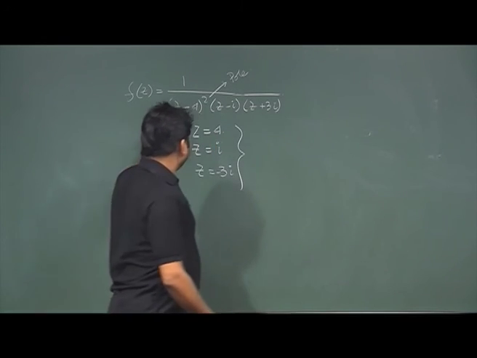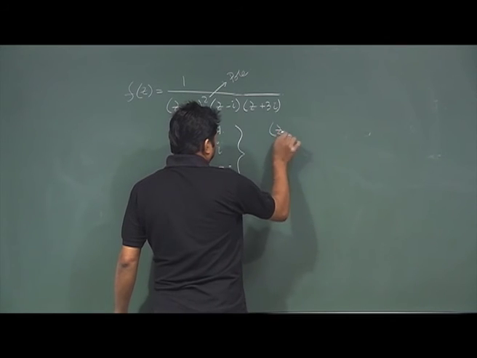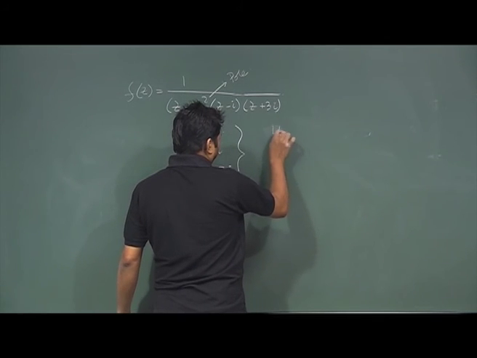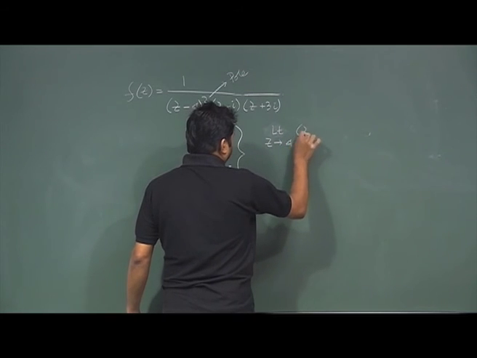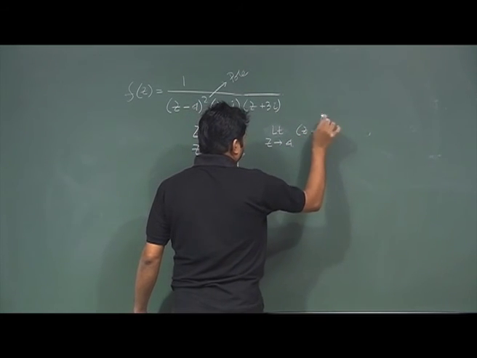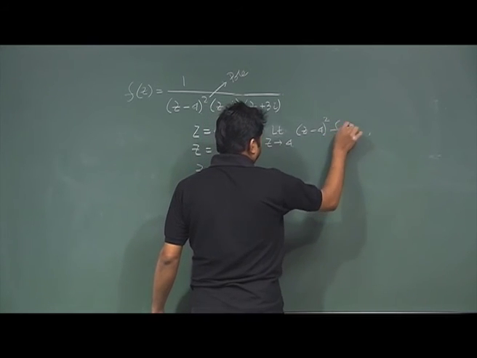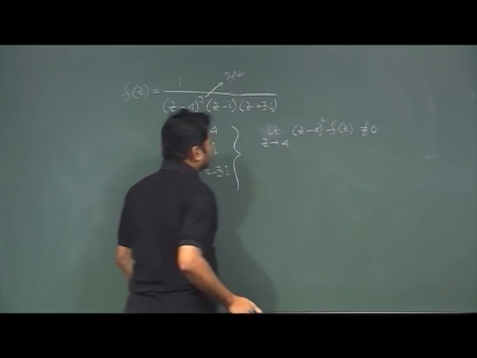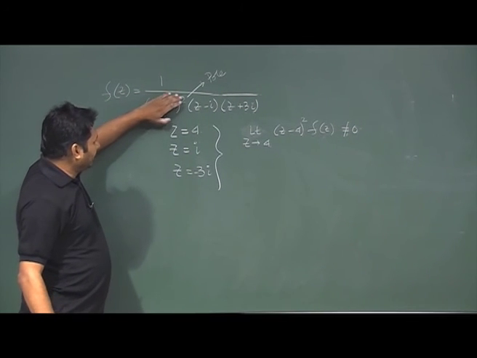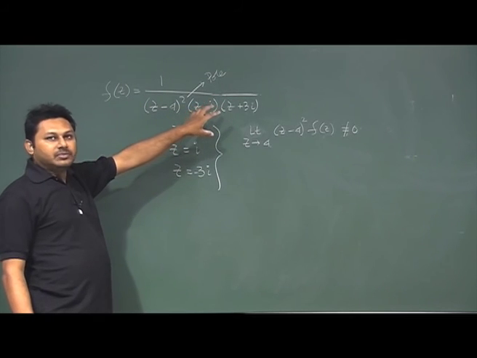If I now apply this in this particular problem, then I need to apply the limit z tends to 4, (z minus 4) square f(z), which is not equal to 0. When you multiply, this term will cancel out, and if I put z equal to 4, we have some value of this quantity.